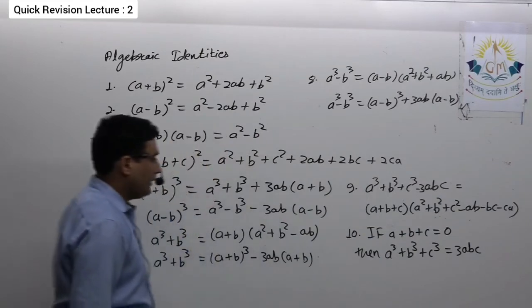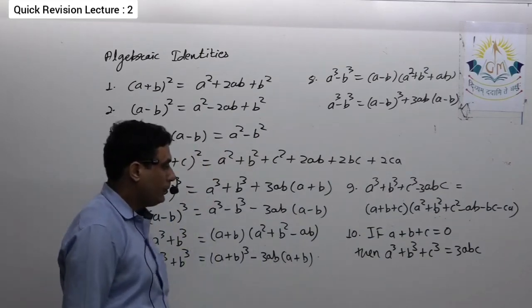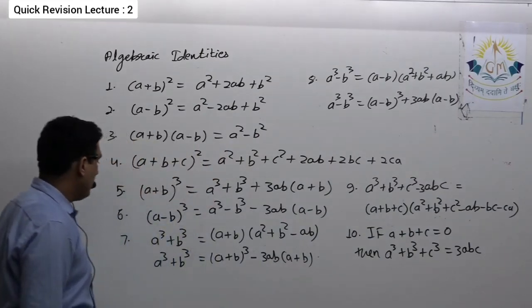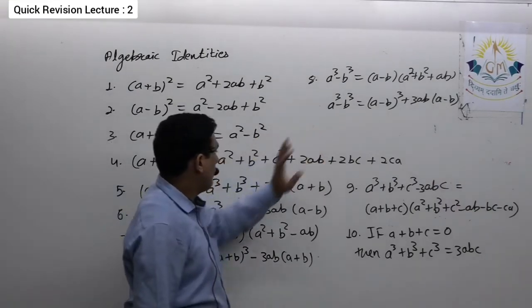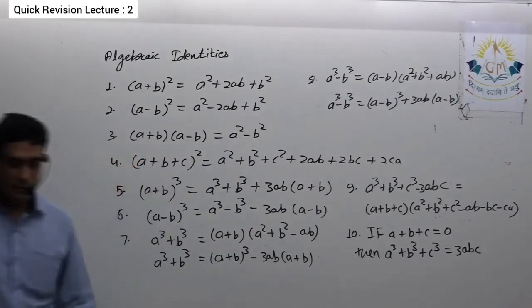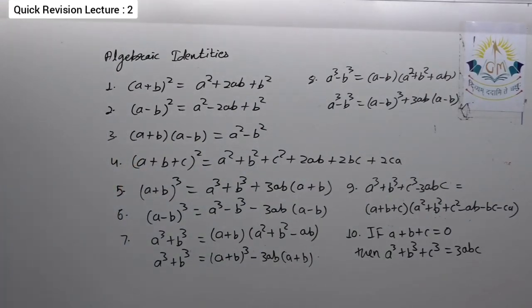If a plus b plus c equals 0, then a cube plus b cube plus c cube is equal to 3abc. So these are the identities that we need. Okay, so note down these identities. Then we'll see some questions based on this.